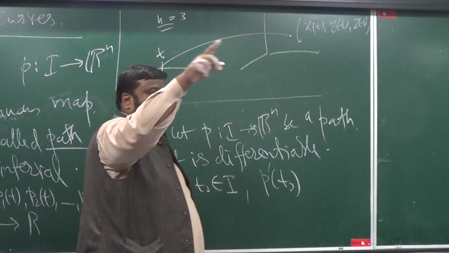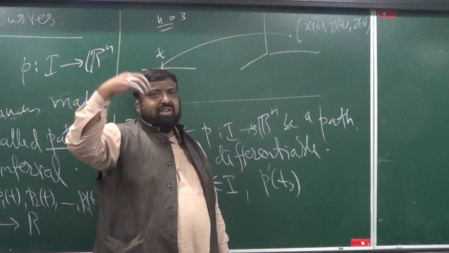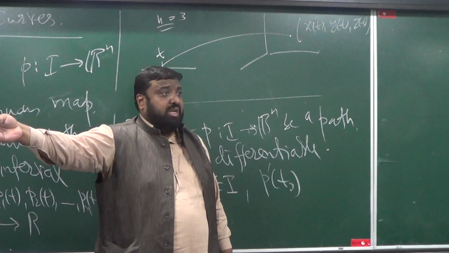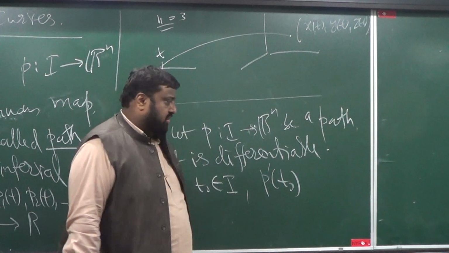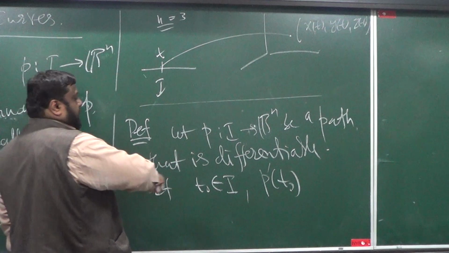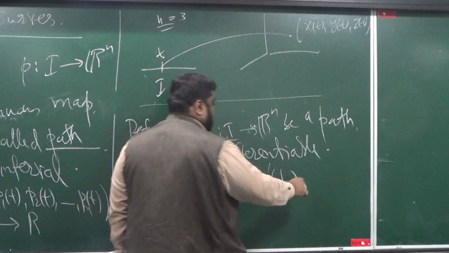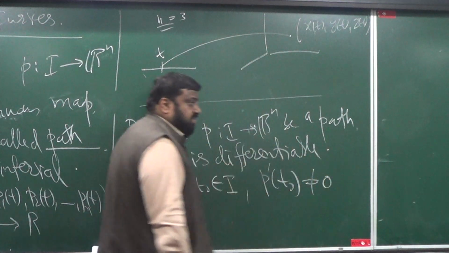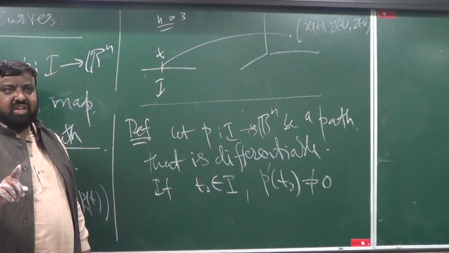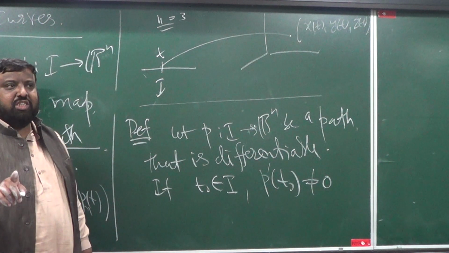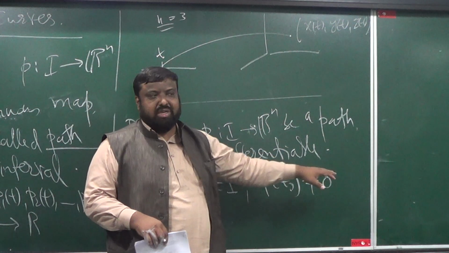So the path is going to represent displacement, and the derivative of the displacement is velocity. So imagine you have a path that is differentiable, and if this derivative at a point t naught in I is non-zero, in other words, it's a point where the particle is not stopping. It has a non-zero velocity. Okay, it just keeps on displacing.